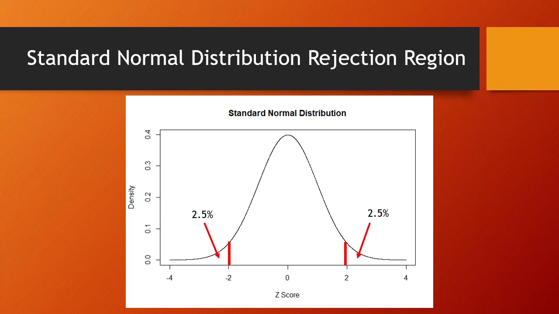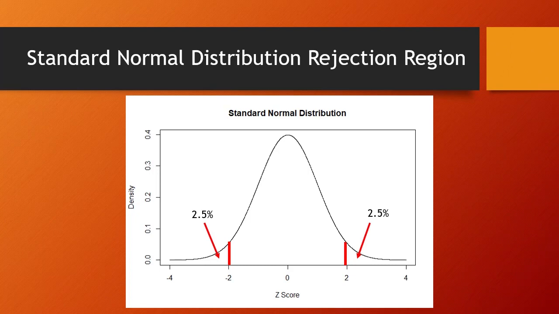I'm assuming here that alpha, our type 1 error rate, is 0.05 or 5%. Therefore, we need to demarcate so that 2.5% of the area is in one tail of the distribution and 2.5% in the other end of the distribution for a total area of 5%.